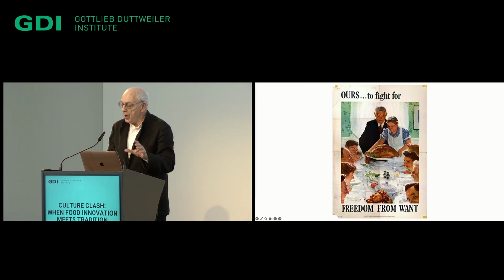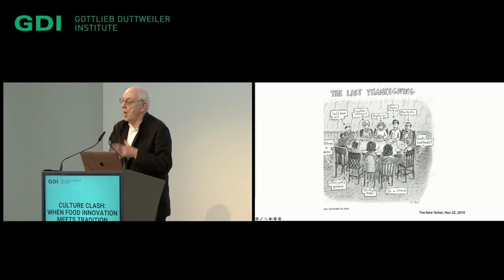Because we're going from this, a Thanksgiving during the war and the meanings associated to it, the joys on the faces, the meaning, freedom from want and freedom period, to, 60 years later, this cartoon in the New Yorker, the last Thanksgiving, no turkey in the center, a balloon on top of each head.